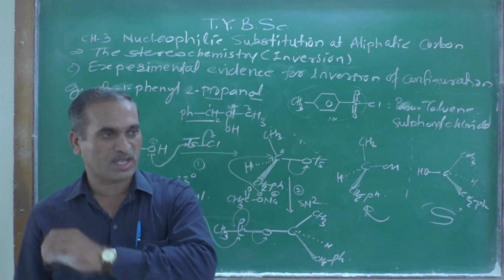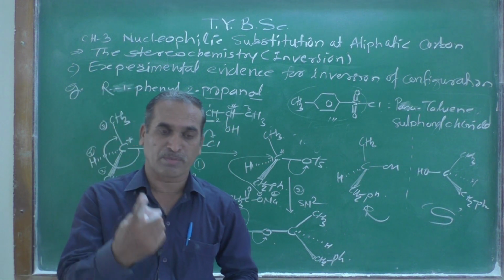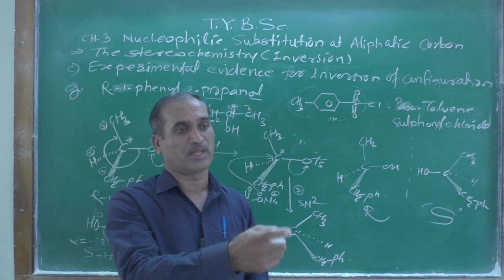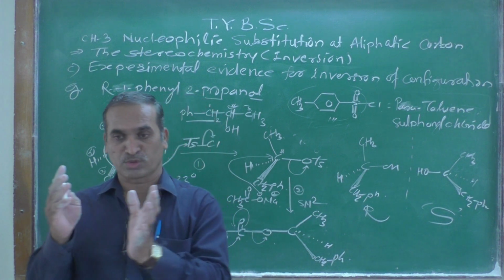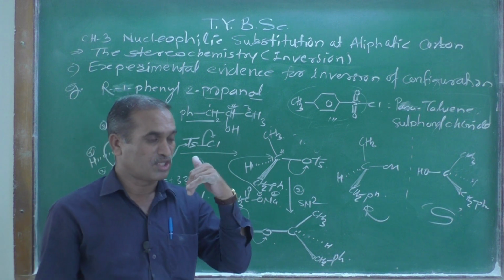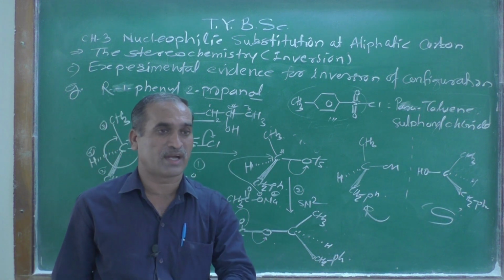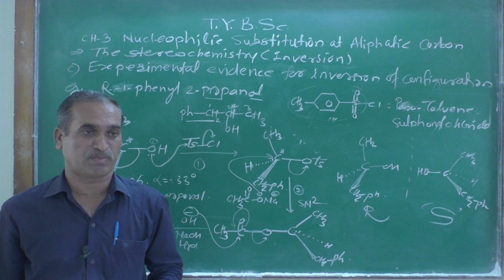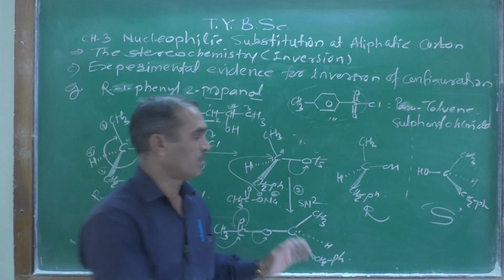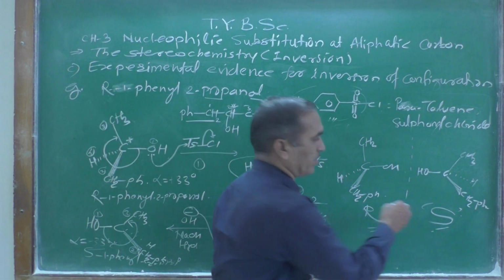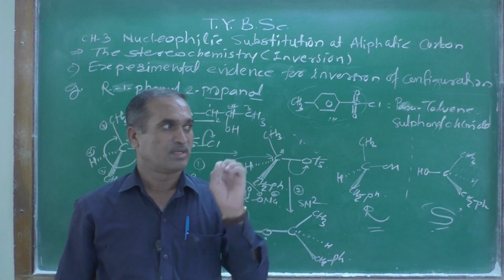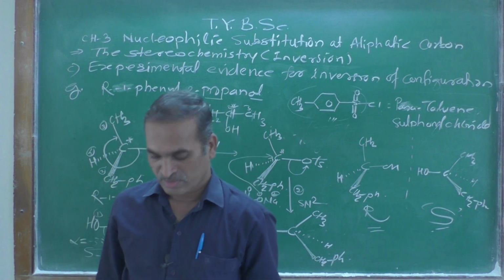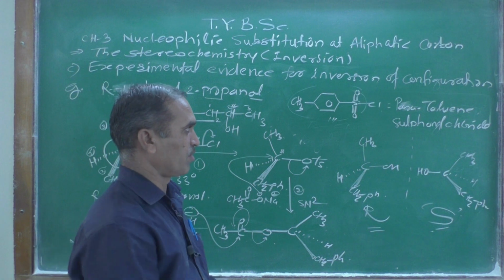If your substrate has an R configuration, your product should be obtained in an S configuration. So that is the meaning of inversion, and that proves that an inversion takes place. Means they are completely inverted products. Therefore, in an SN2 reaction an inversion product is obtained.